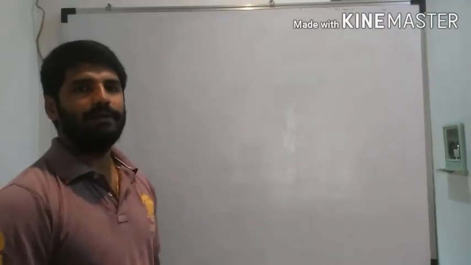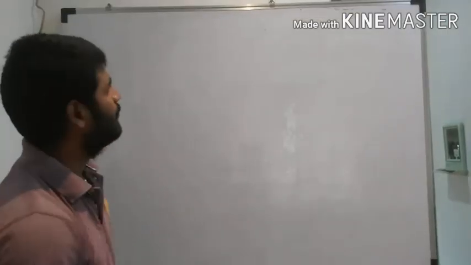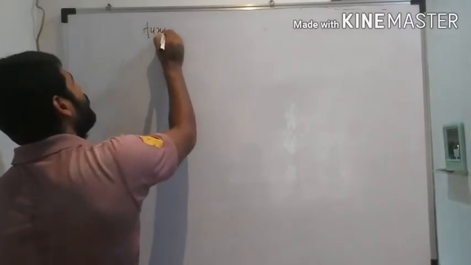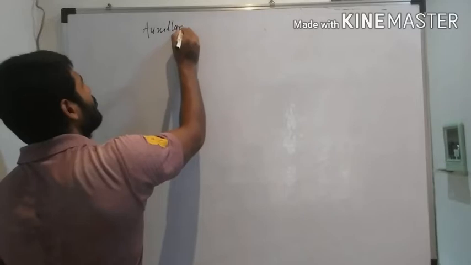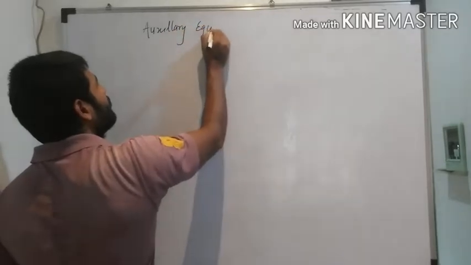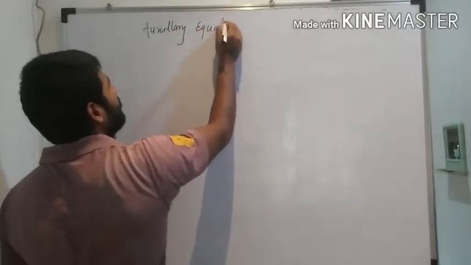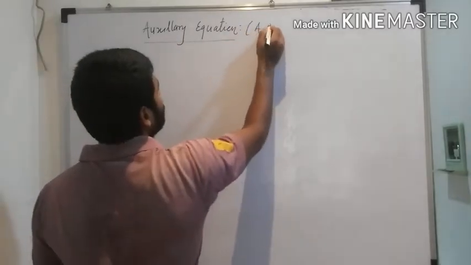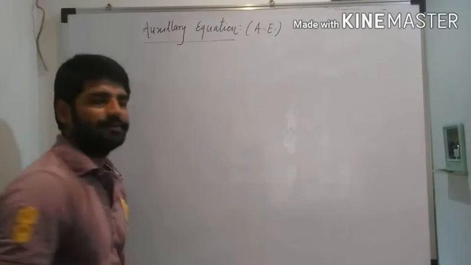Now we have to define the auxiliary equation. Now see the definition of auxiliary equation. So see here what is meant by auxiliary equation. In short we call it AE, auxiliary equation.